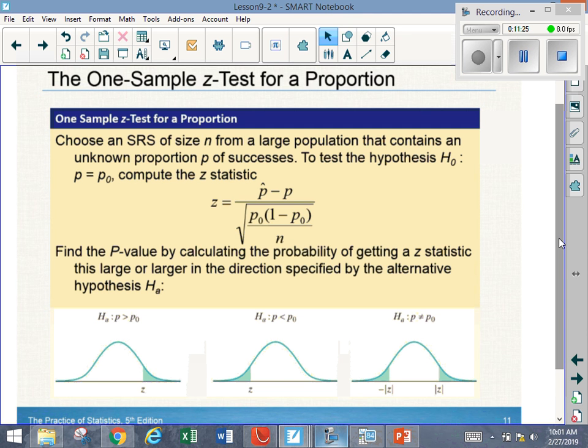So it can be one-tailed, that is the graph on the far left, or in the middle. Those are one-tailed, where you're trying to find if your parameter is greater than your statistic, and in the middle, where your parameter is less than your statistic.